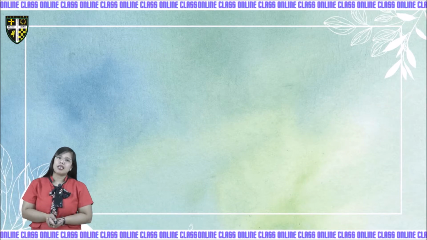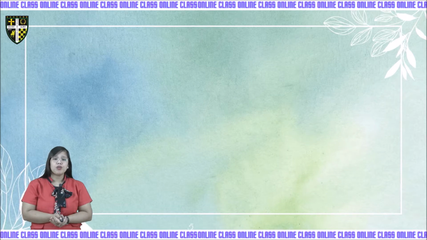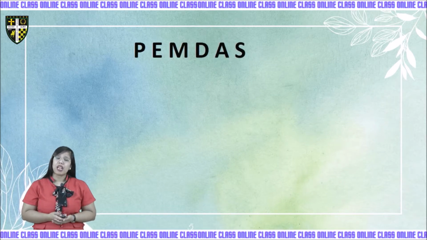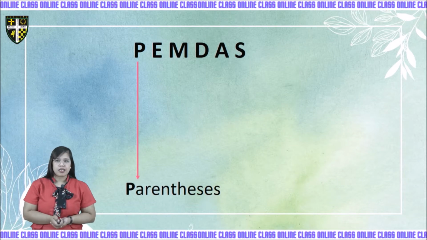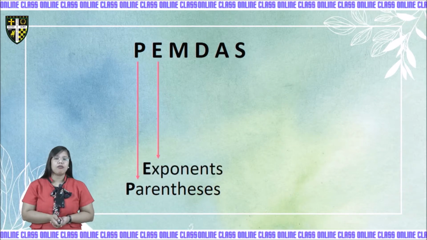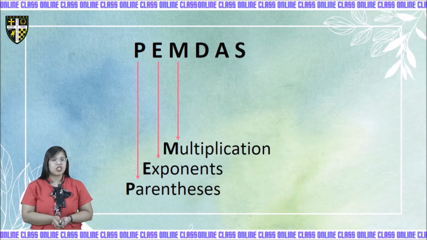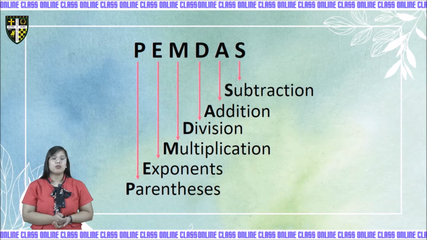So, our main lesson is series of operations of whole numbers. First, we have the PEMDAS. When we are talking about PEMDAS, for letter P, we have parentheses. For letter E, we have exponents. For letter M, we have multiplication. Letter D for division. For letter A, we have addition. And letter S is for subtraction.